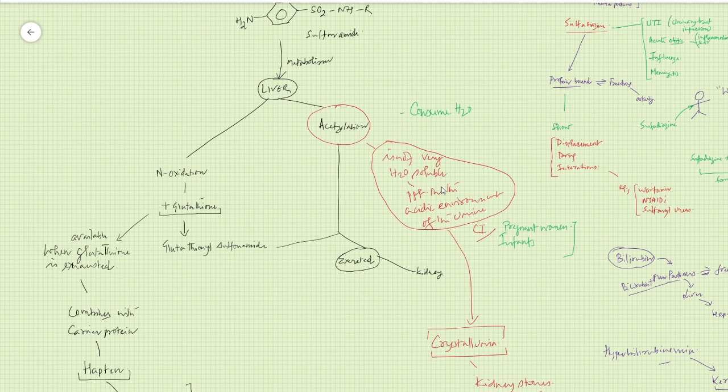Or if it becomes pathogenic and lots of crystals are deposited, then medically what can we do? We could give maybe sodium bicarbonate, which can alkalinize the urine. If it alkalinizes the urine, then this salt will become soluble in the alkaline environment, and then it can be removed from the body.